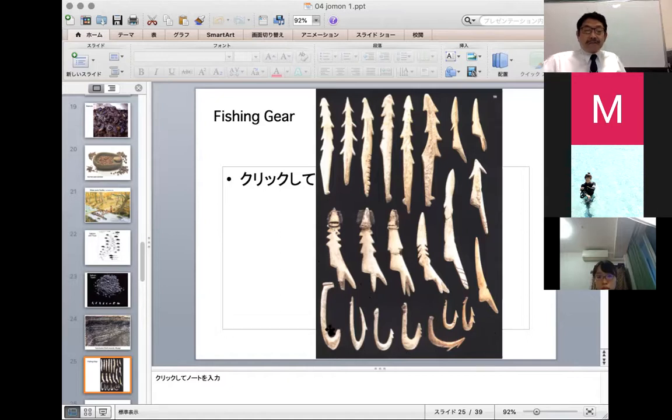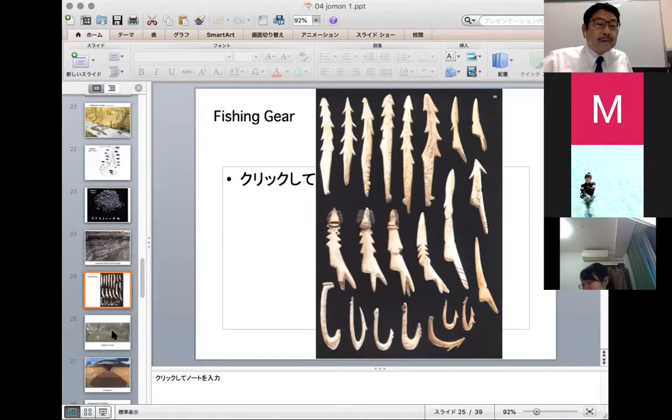In the world history of human beings, Jomon fish hooks are one of the earliest of all. So probably Jomon is the origin of fish hooks. I think they haven't found anything earlier, except for some cases. But this is solid fishing culture, as you can see, and that's one of the earliest cultures in the world.